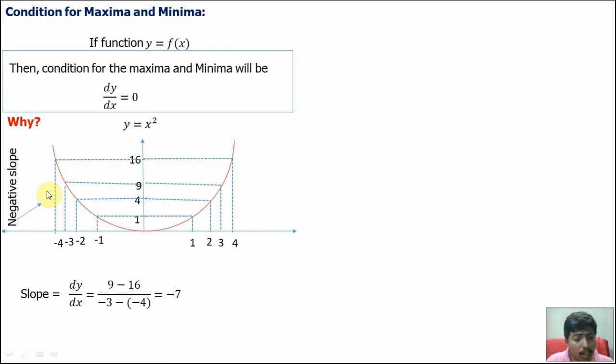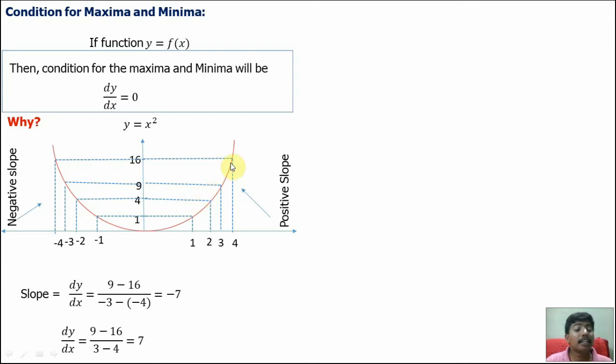Now for the right side, find the slope here. Change of y with respect to change of x. 9 minus 16 by 3 minus 4, we will get 7, positive. So for the right side, at all the points, the slope will be positive. It means the slope goes minus 7, then minus 5, minus 3, minus 1, 0, then 1, 3, 5, 7.